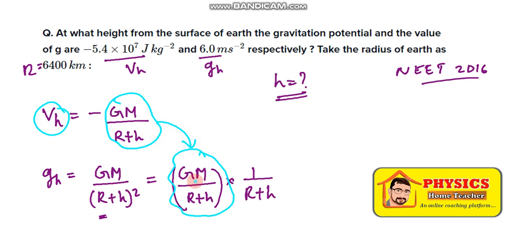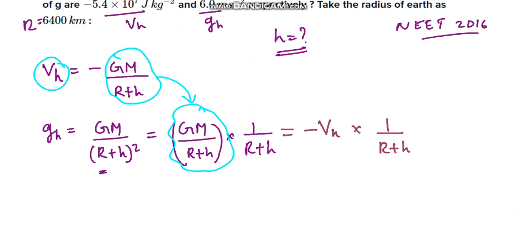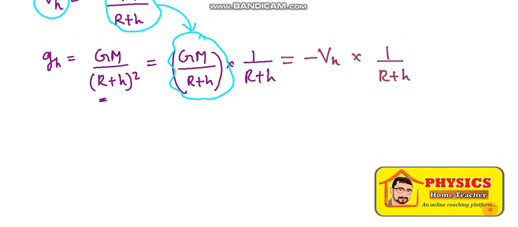So I will write this as minus Vh into 1 by r plus h, correct? This value is nothing but minus of Vh. So gh is equal to minus Vh divided by r plus h.